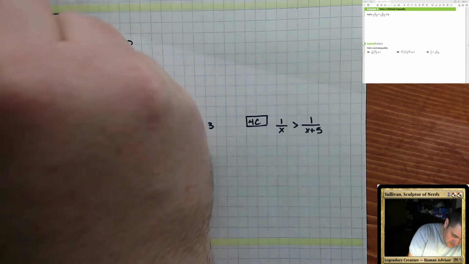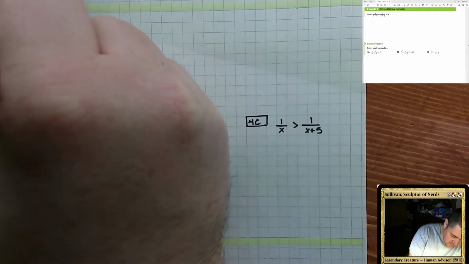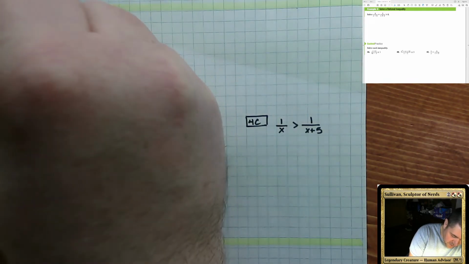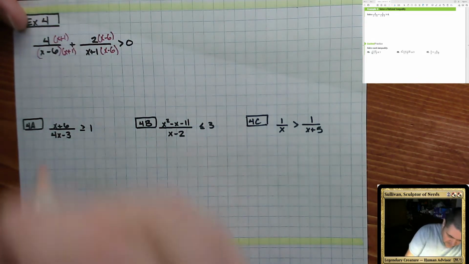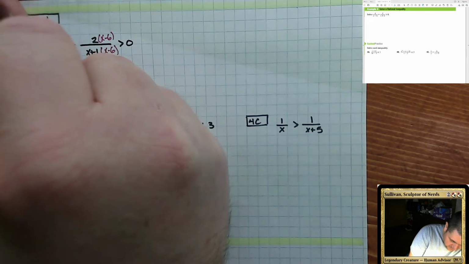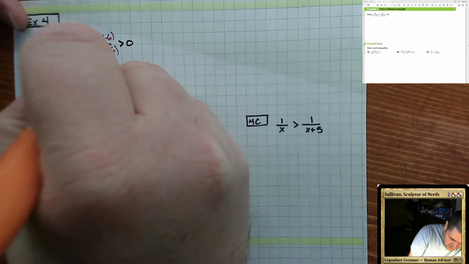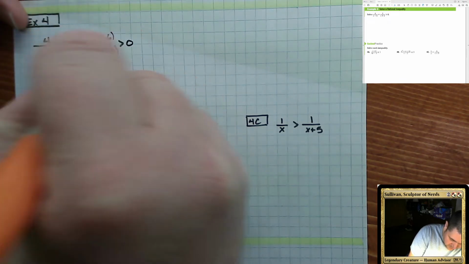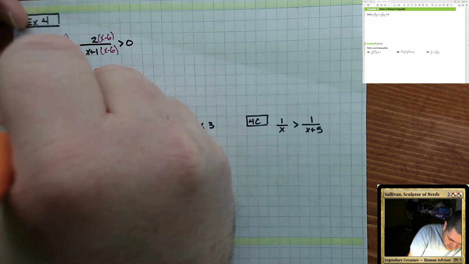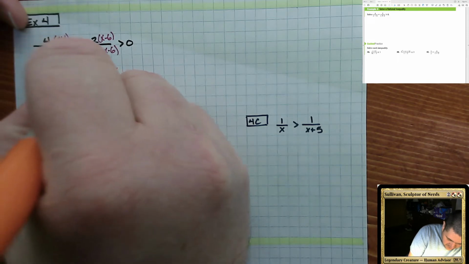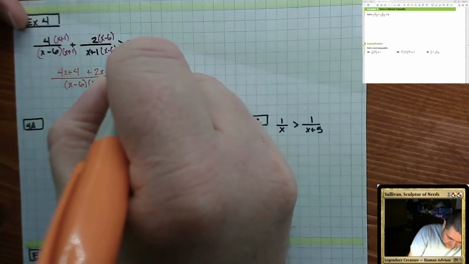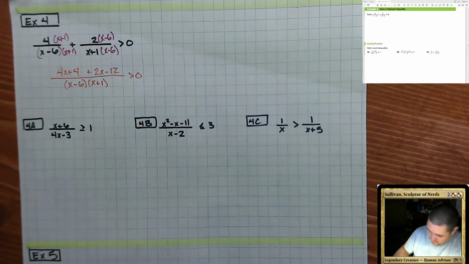So I need to get common denominators. X plus 1 is missing here. X minus 6 is missing here. Okay, so I'll have 4x plus 4 plus 2x minus 12 all over x minus 6 times x plus 1 is greater than 0.